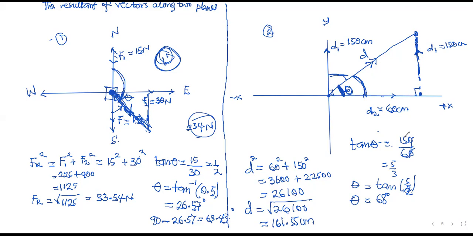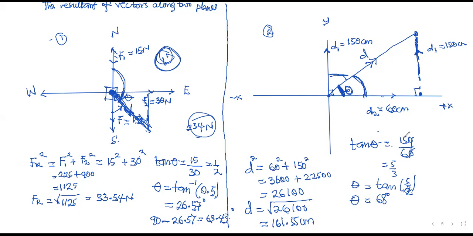Anita, are you okay? Yes. Okay. Elikem: Sir, the tan inverse of 5 on 2, can I write it in two decimal places?